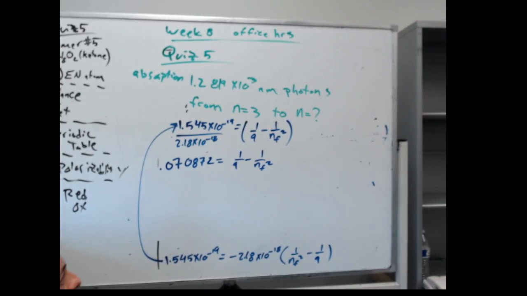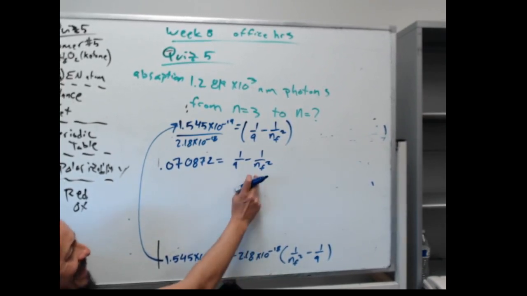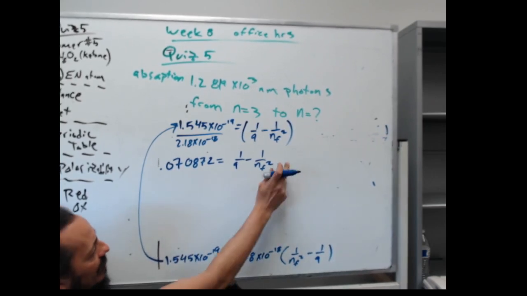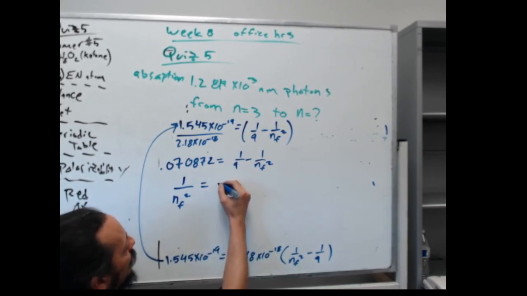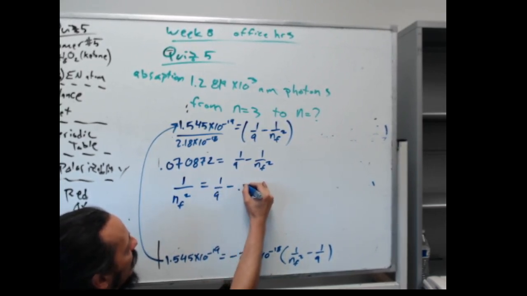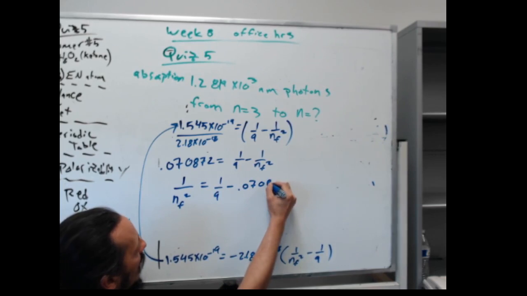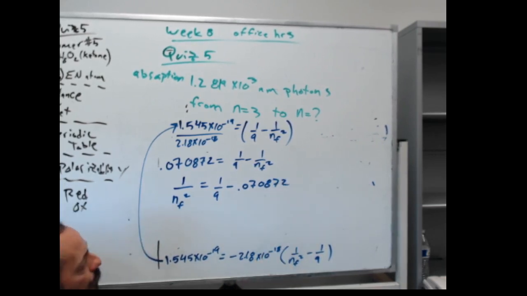Next thing, because I, again, don't like negative signs, I'm going to add the n final over and subtract the 0.070872 over. So I'm going to get 1 over n final squared is equal to 1/9 minus 0.070872. Right, so I just traded those places by subtracting and adding to both sides.